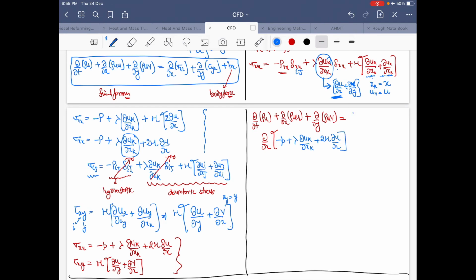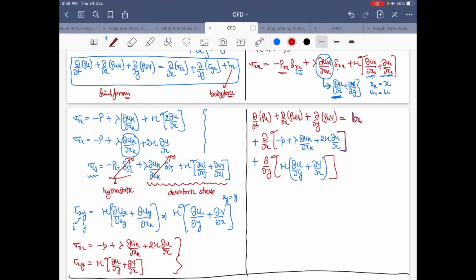This is my first term. I will write the body term also, b_x, with a plus. Now the second is del by del y of the term mu times del u by del y plus del v by del x, and bracket close.